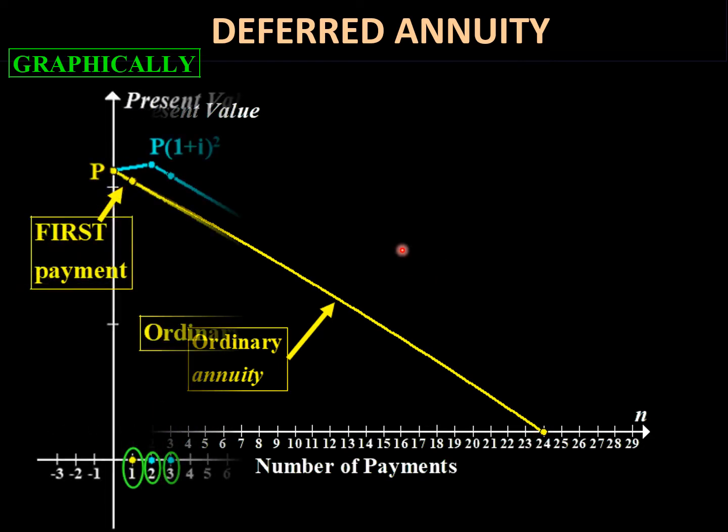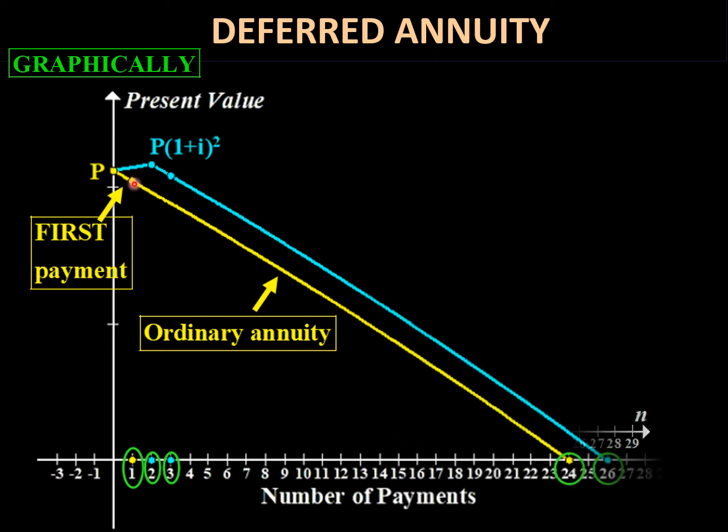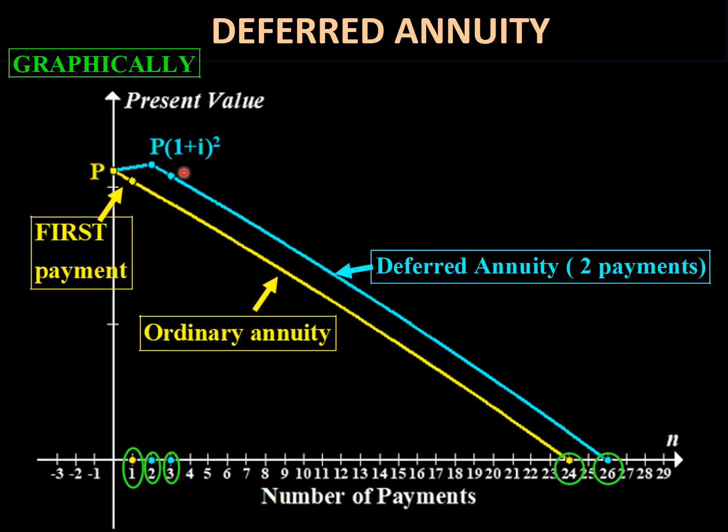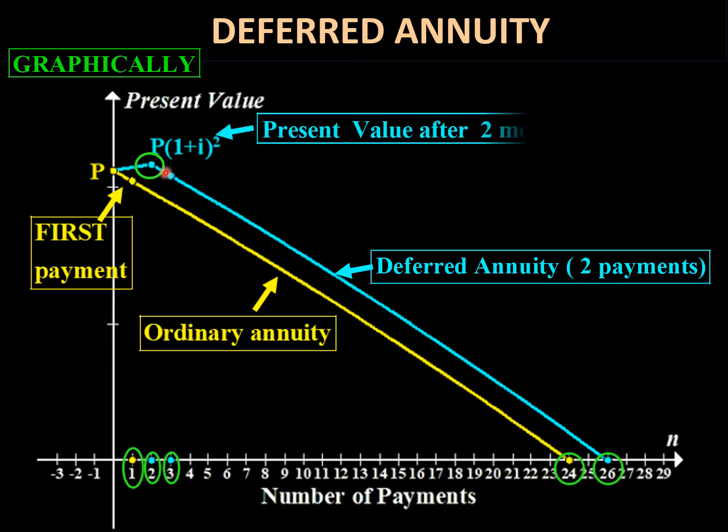But if you look at the deferment, you can see for 2 months you have not made any payments. So during those 2 months, your loan amount has grown. There's a compound growth taking place, right? And this blue will refer to the deferred annuity graph there. So there you have the growth, and that will be the present value times (1 + i), and it's for 2 months. That's to the power 2. You just have to put in i, whatever the interest rate is there.